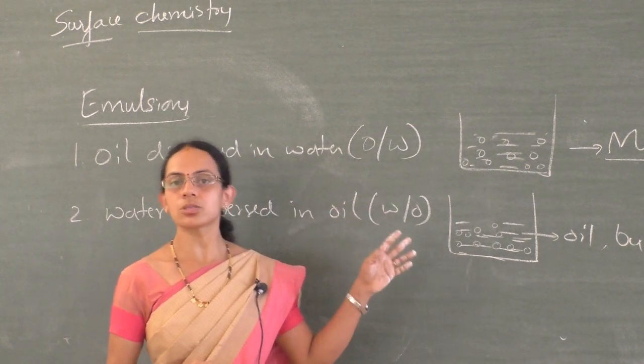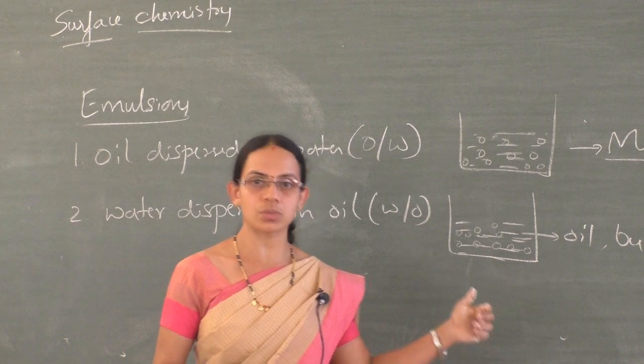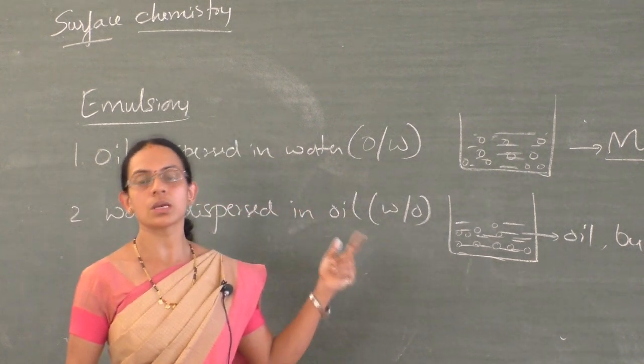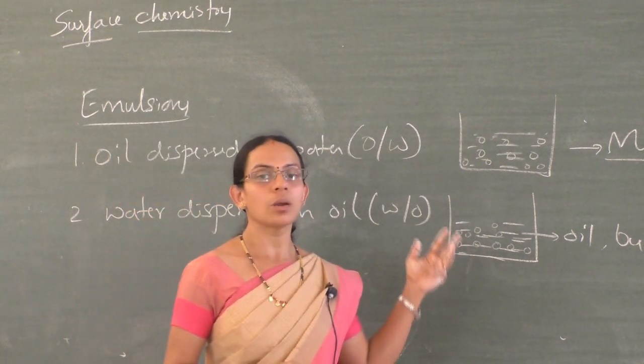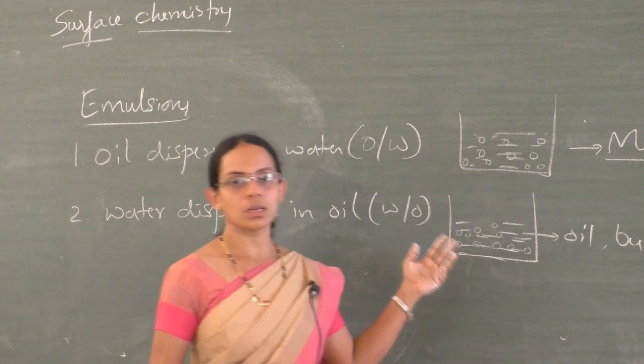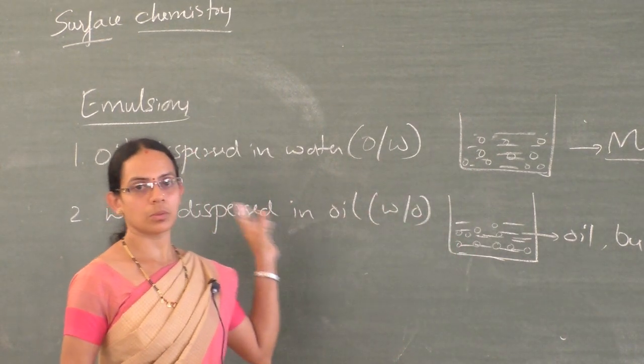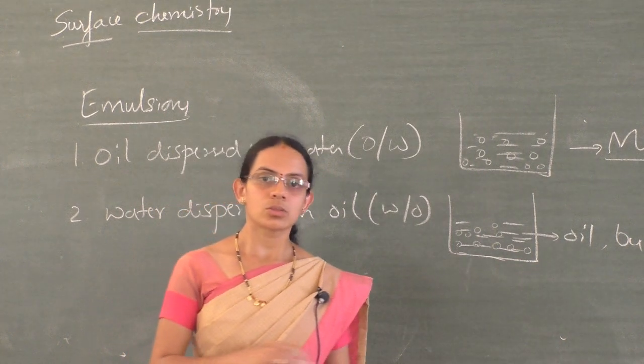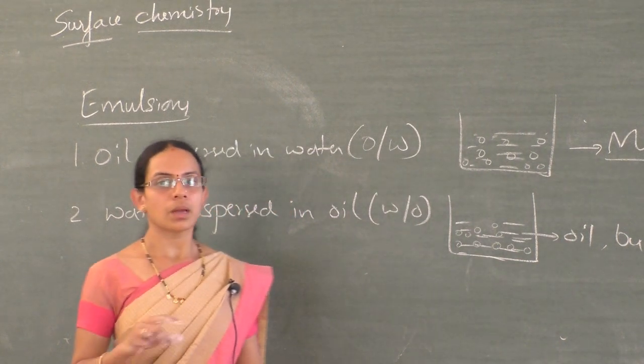And the last part is colloids. In colloids, classification of colloids, preparation of colloids, purification of colloids and properties of colloids, right? And in the small part about emulsions we studied. So that's about the chapter.